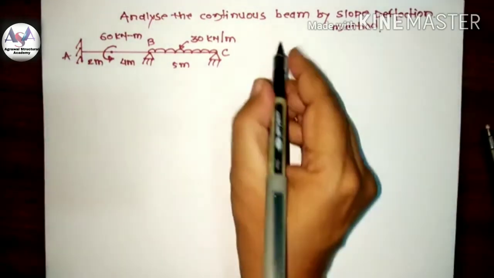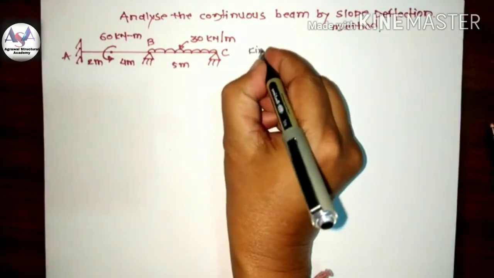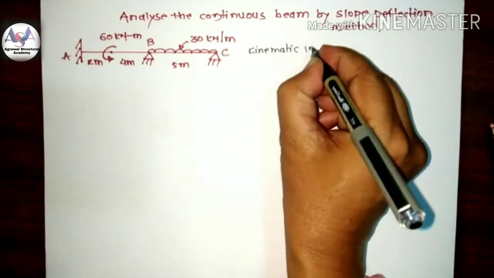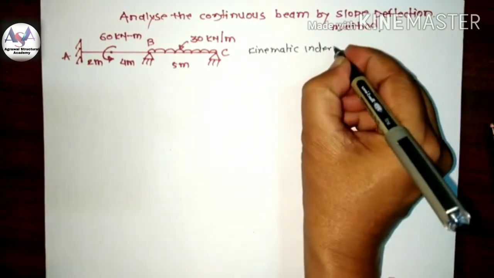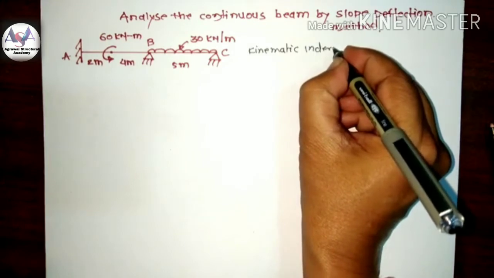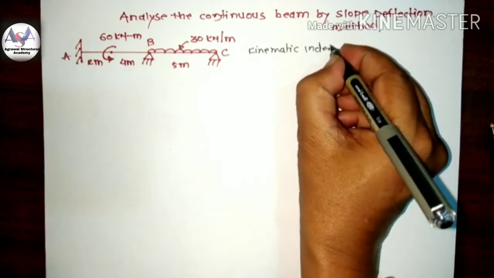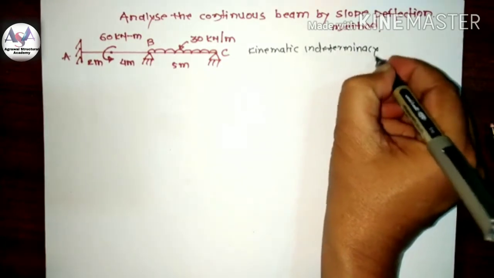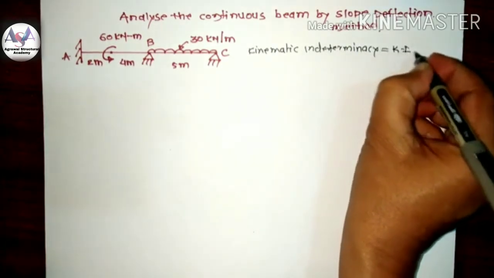Now here the kinematic indeterminacy, that we call as the Ki.